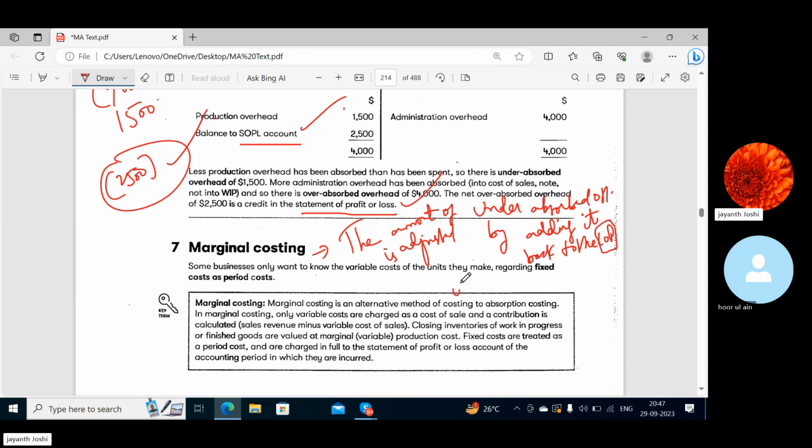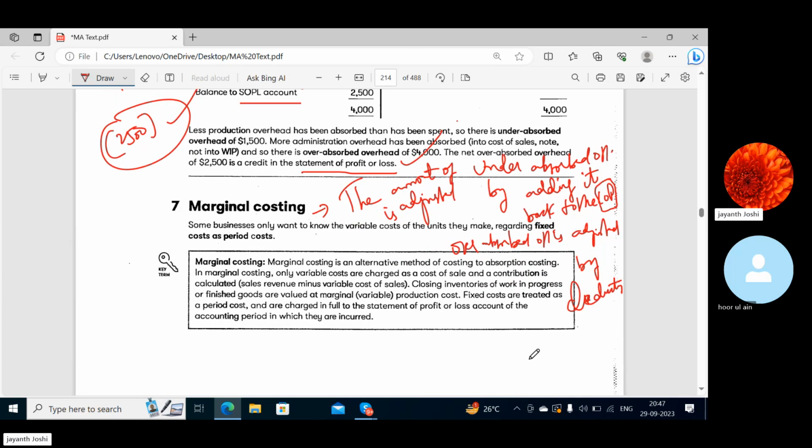Okay, and over absorbed overhead is adjusted by deducting it from the cost of production.